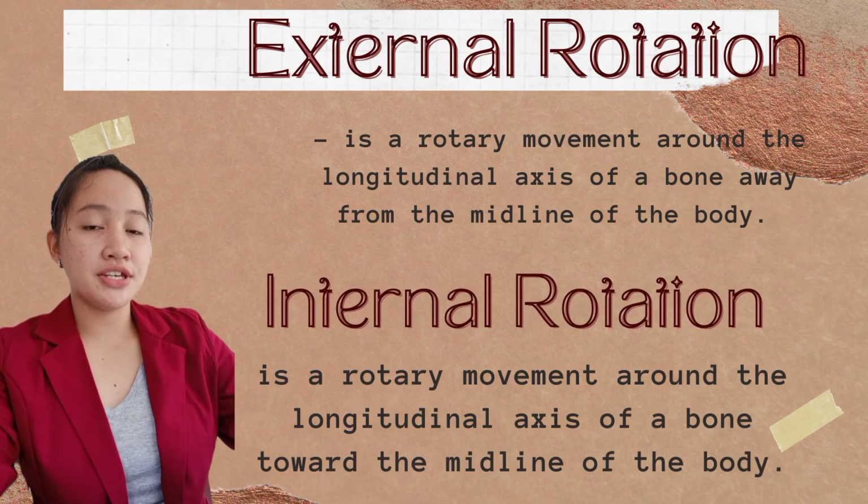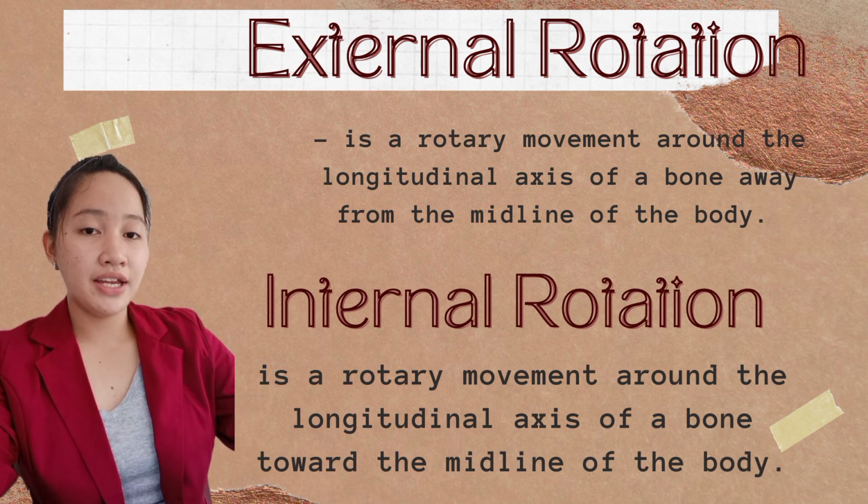Next one is external rotation. This is a rotary movement around the longitudinal axis of a bone away from the midline of the body. The last one is internal rotation.